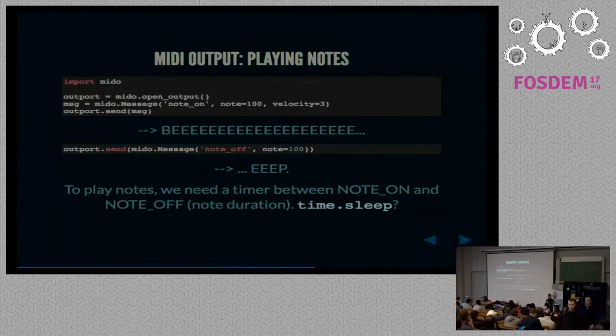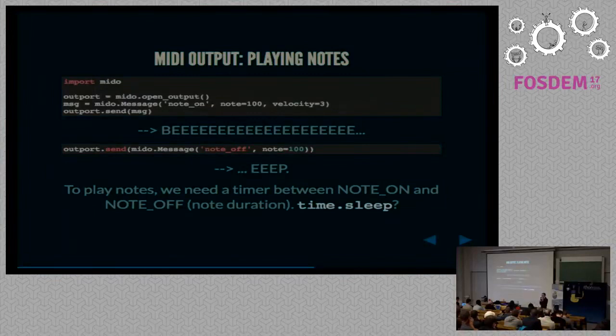To play notes, it's regular outputs. I create a message object, and then I send it through a port. For example, here I have a note on message. If I just send this message, there will be a never-ending note until the note off message arrives.